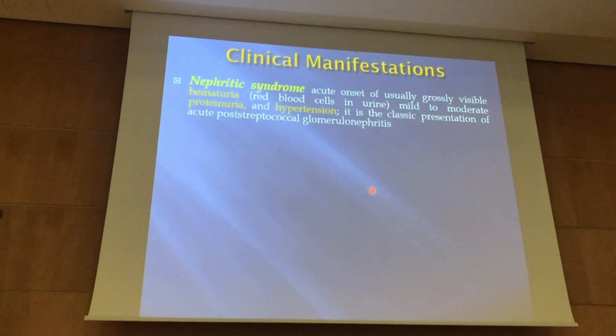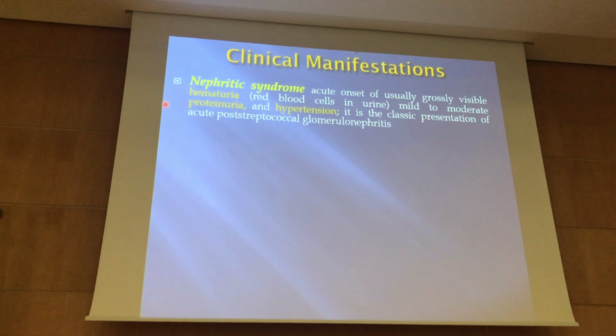What is nephritic syndrome? In nephritic syndrome, usually you have gross visible hematuria. Gross visible means with your naked eye you can see that the urine is red. Microscopic hematuria means you will see a yellow color urine, but there are some RBCs which you are not able to see.